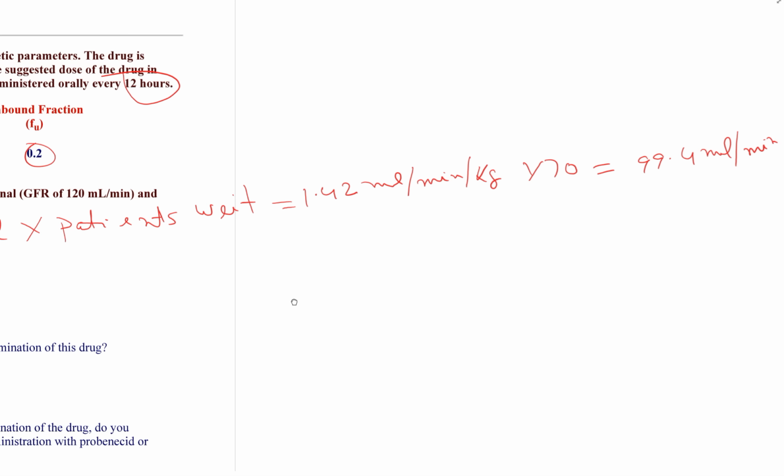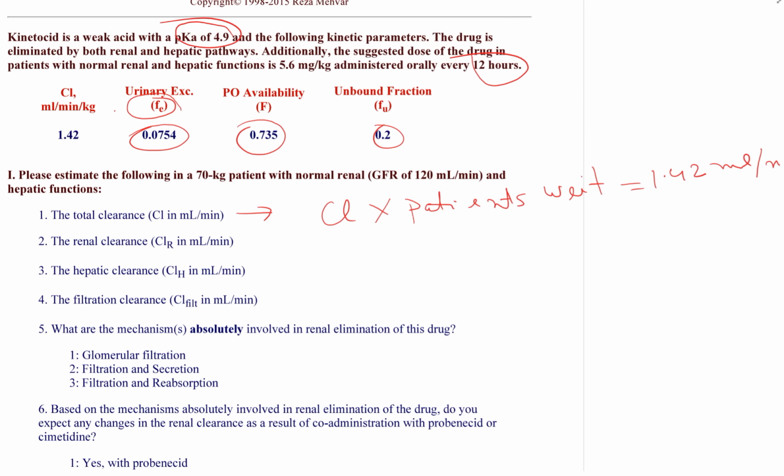So this is our total clearance of the patient, 99.4 milliliter per minute. This is our answer for this.